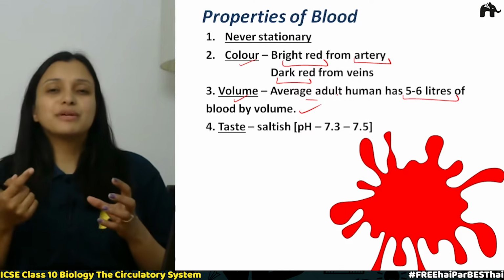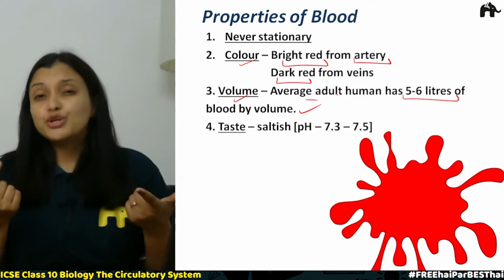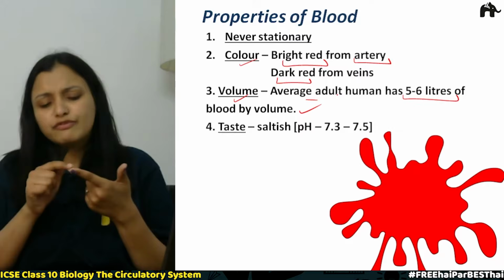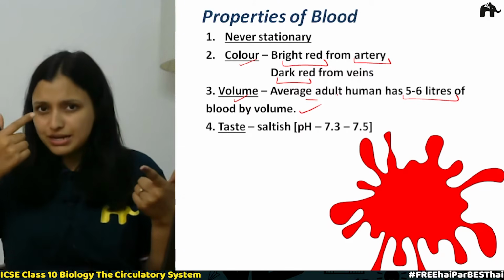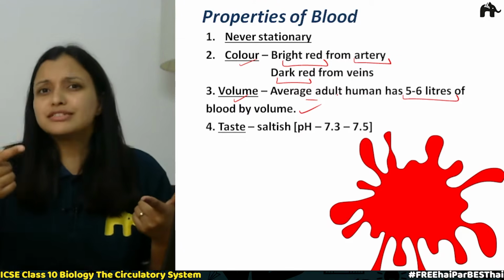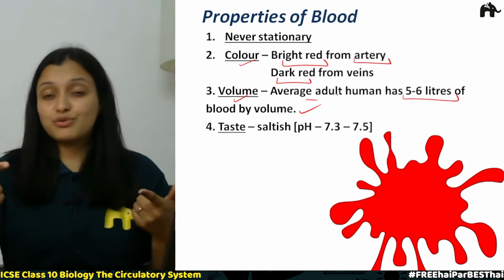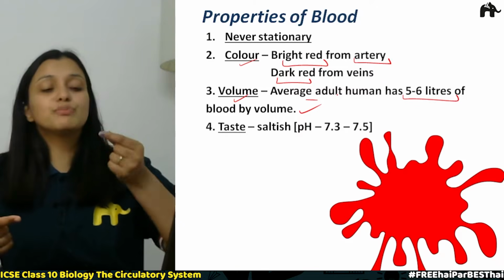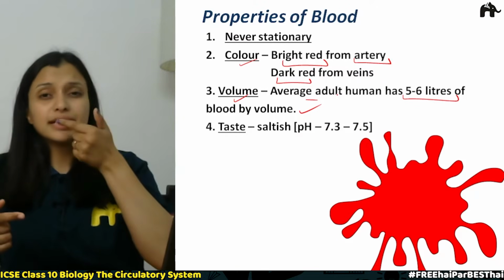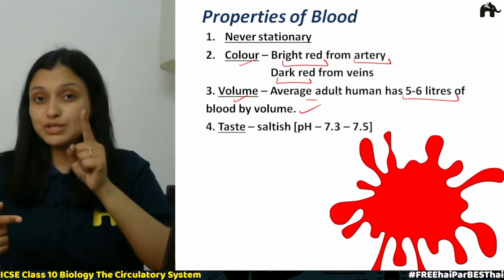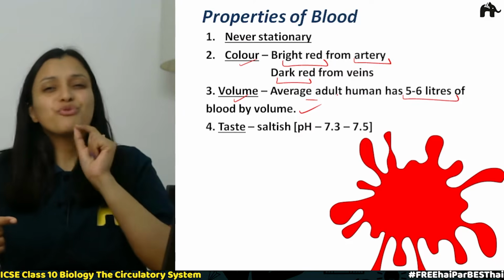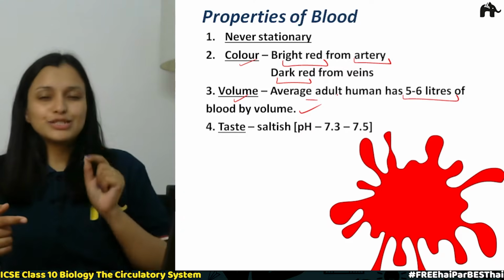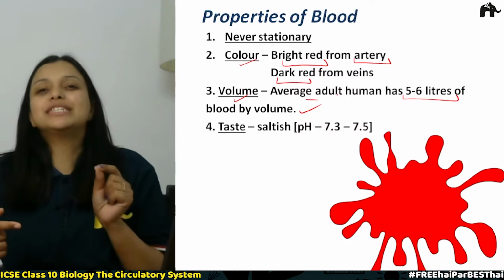You must have experienced a cut on your finger, so blood starts coming out. What is the first reaction? Mostly a person will put that finger inside the mouth, right? So this means you have tasted your blood, right? So what is the taste of the blood? It is slightly saltish, right?